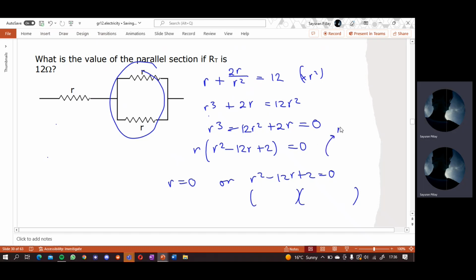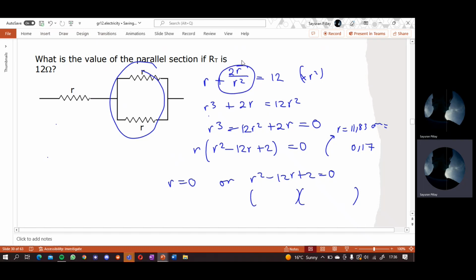R equals 11.83 or R equals 0.17, right? You'll need to try both and test it, and then just find the spot 2R over R squared, because that's the value of the parallel branch, isn't it? Yeah, and that's about it.